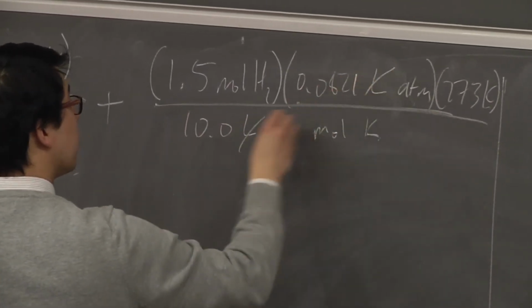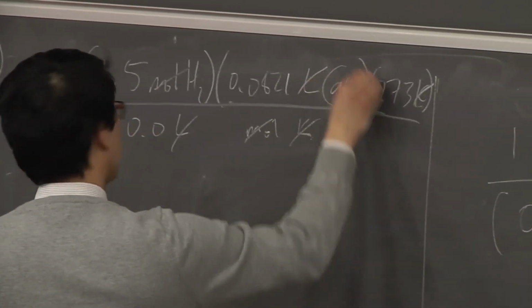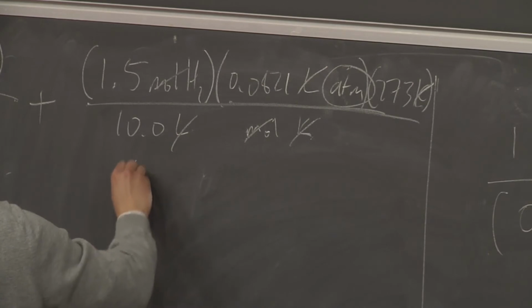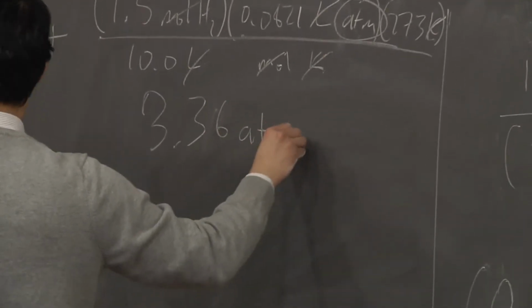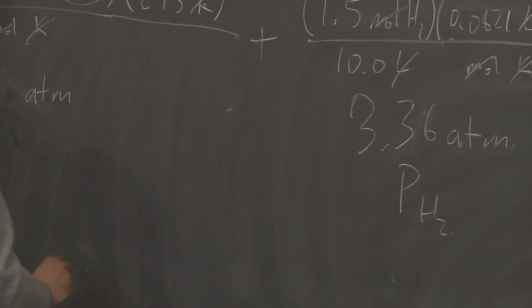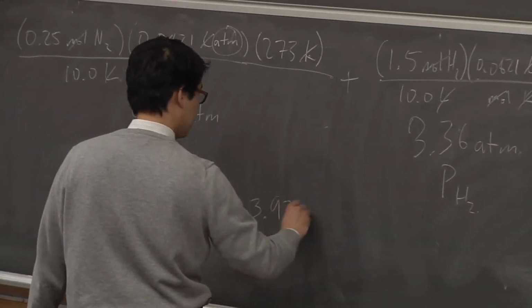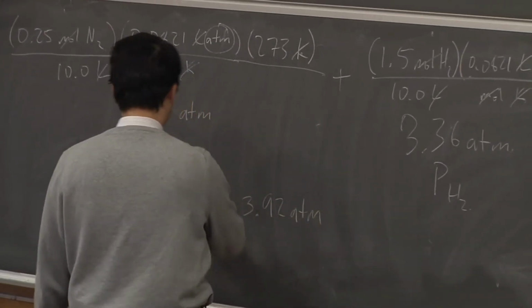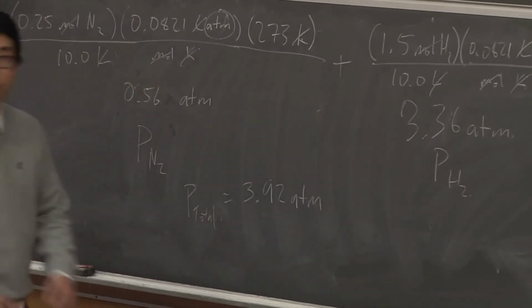Liters and liters cancel, moles and moles cancel, Kelvin and Kelvin cancel, and we get atmospheres: 3.36 atmospheres, the pressure of H2. When I add them together, I get 3.92 atmospheres. So P total equals 3.92 atmospheres.